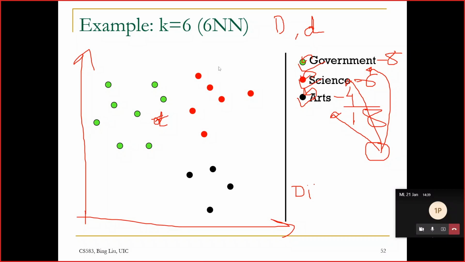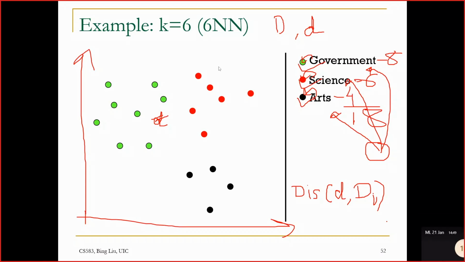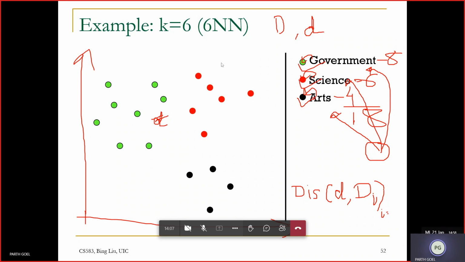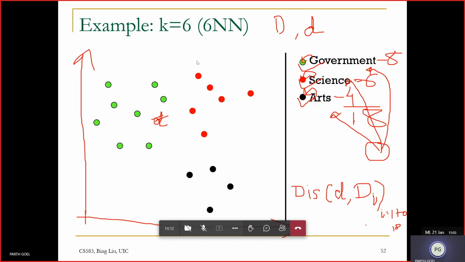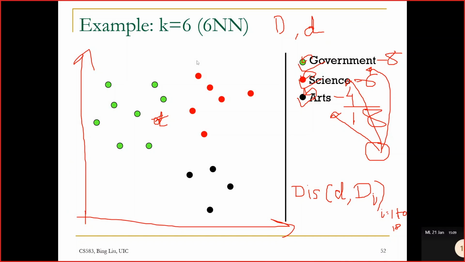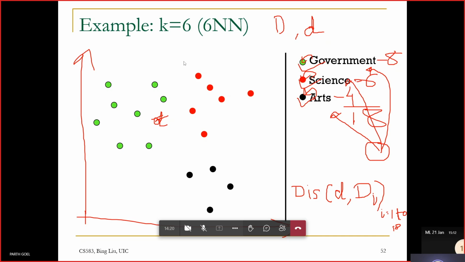You want to find the distance from the unseen sample, that is D, comma, every sample of the given database Di, and here i is equal to 1 to 18. So this is how you can conclude the first statement mathematically.